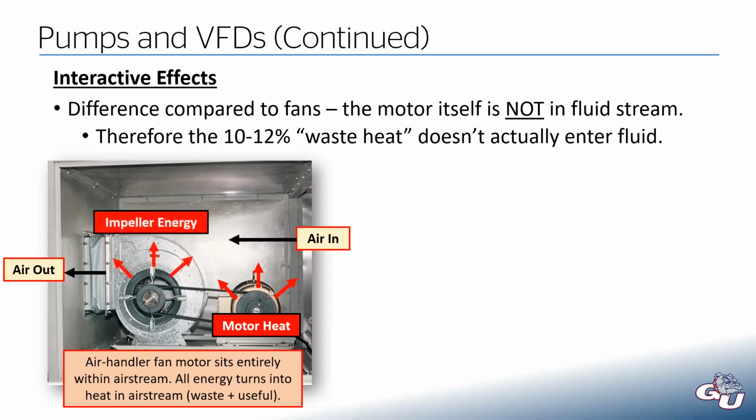And then the other 90-ish percent, that's going into the impeller where it's moving that air, and that impeller energy will ultimately become heat as well. So in a fan system, all of that input energy going into the motor turns into heat in the airstream.